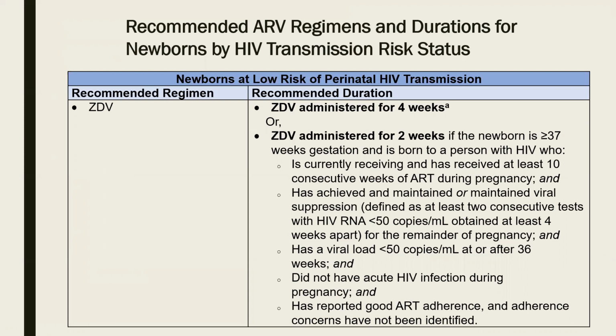But with the new British guidelines and the current DHHS or US perinatal guidelines, there is an option for zidovudine to be administered for a total of only 2 weeks if the newborn is term, or at least 37 weeks gestation, and born to a person with HIV who meets all of the following criteria here.